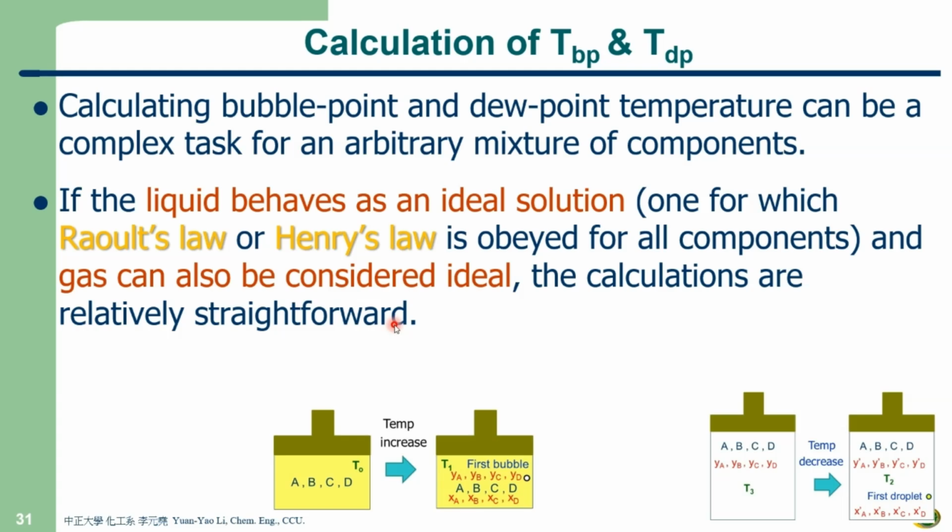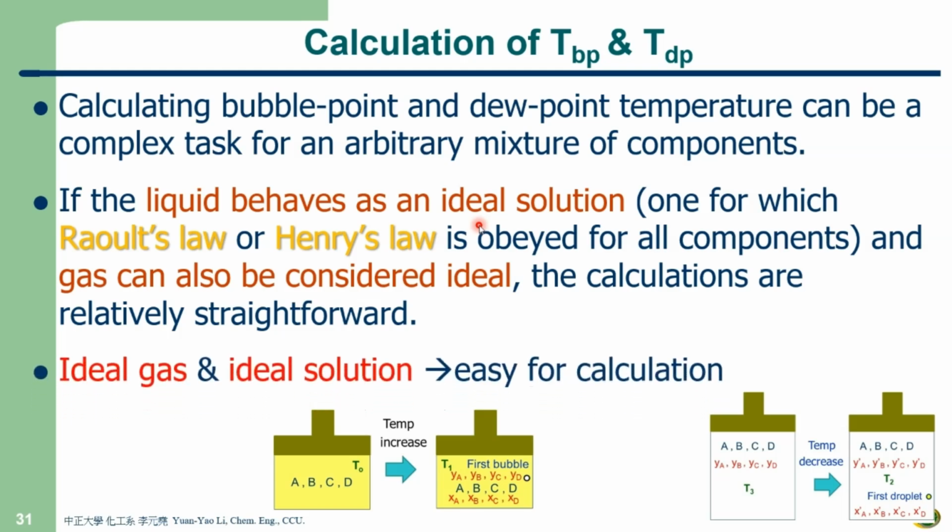So in this lecture, in this course, we only talk about the ideal or easy one. So we use Raoult's law and Henry's law to calculate bubble point and dew point. It's not a perfect answer, but your answer will be close enough to the real answer you would get when using the complex calculation.